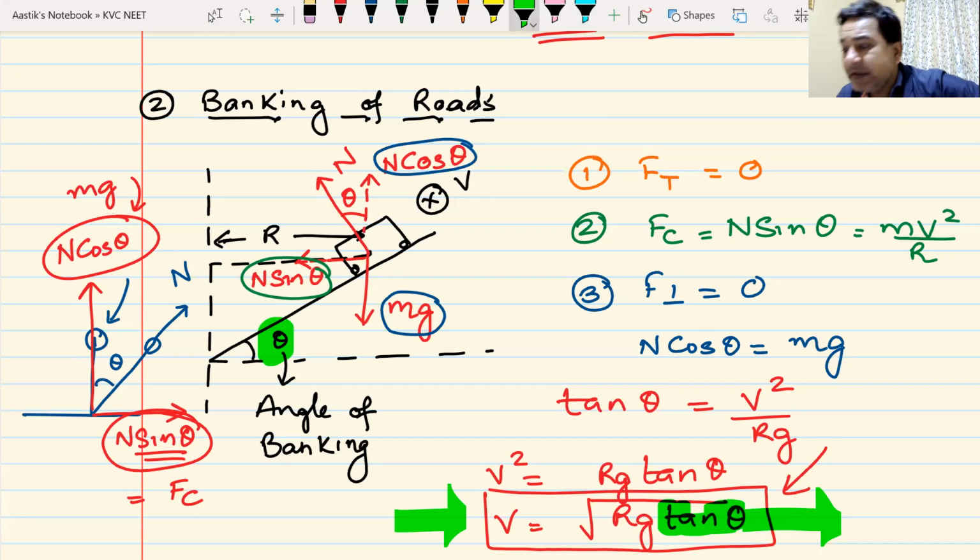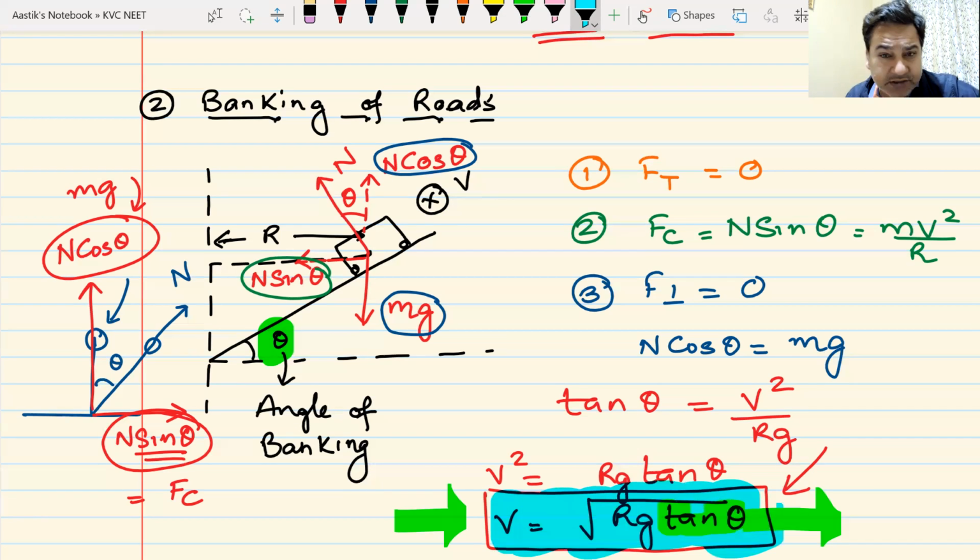This is normally 3 to 5 degrees, 7 degrees at most. And if this is banking, then the maximum velocity that is possible is root over rg tan theta. The simple way of remembering this is instead of mu, you have tan theta.